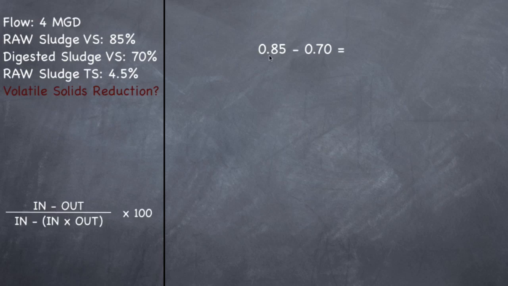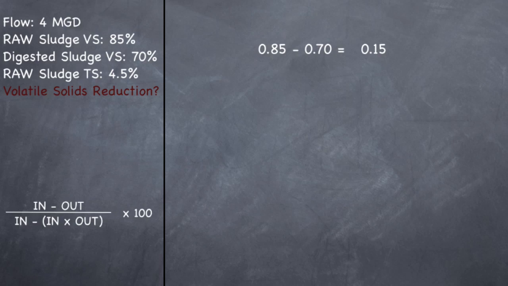So let's figure out the top part, in minus out. So I have in raw sludge VS of 85%, so 0.85, minus out digested sludge VS 70%. So 0.85 minus 0.7 equals 0.15. So that's the top part, in minus out.